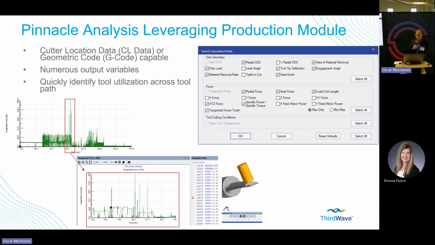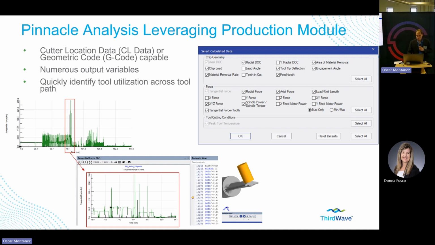If I were to zoom in on the bottom here, there's a couple little spikes. And what I was seeing is the tool is wrapping around the workpiece and causing it to engage all of the tool, which is causing an increase in force, and now you're going to cause more deflection, which could be problematic down the road, or you're going to be detrimental to the tool at that point.